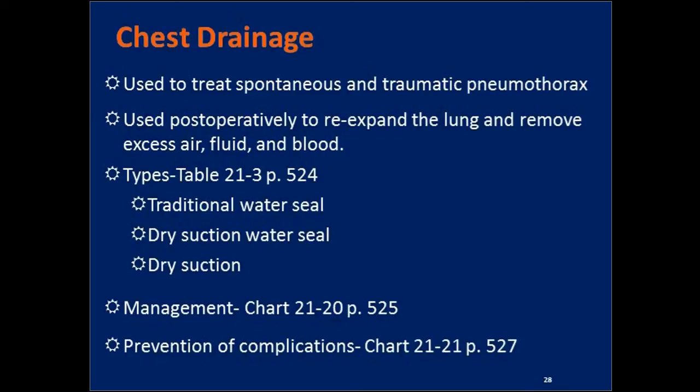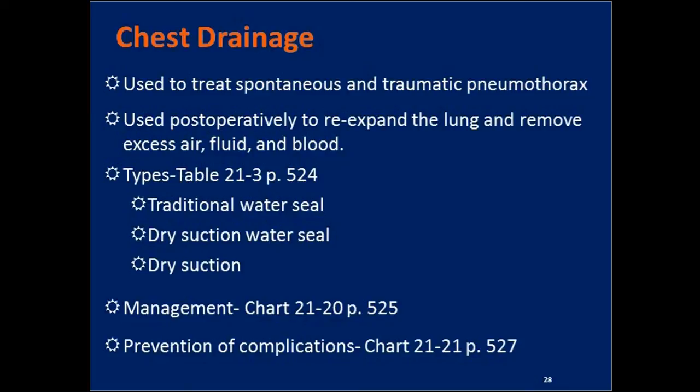If that's the case, then we need to insert, we do not insert chest tubes. The doctor will insert a chest tube, but we need to assist with insertion of a chest tube to reinflate that lung, to re-expand that lung, and then remove all of the excess air or fluid or whatever's in there that caused the lung to collapse in the first place.